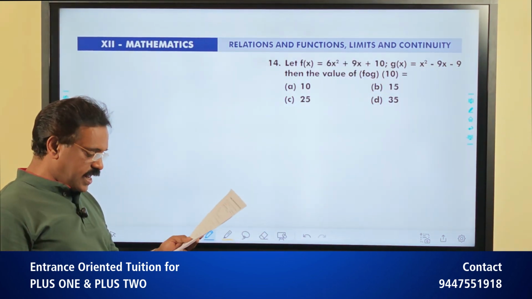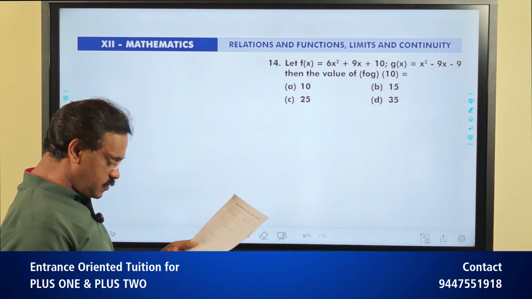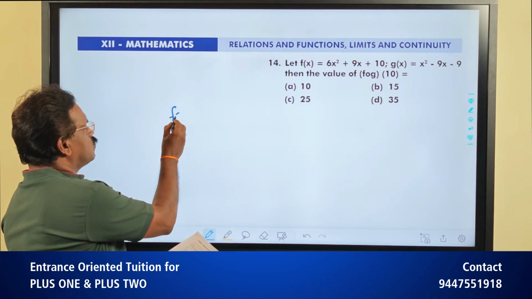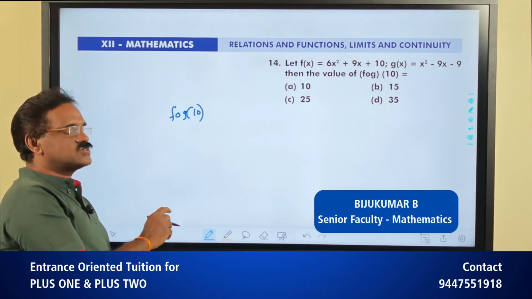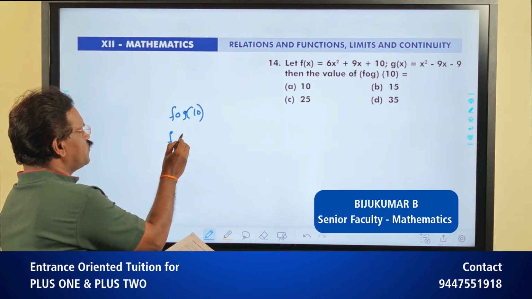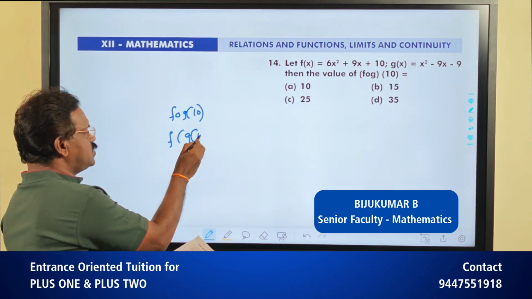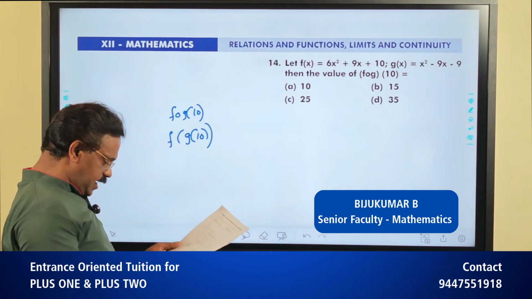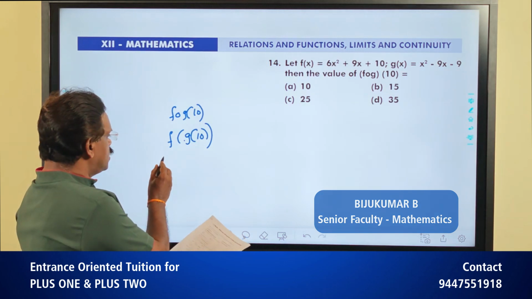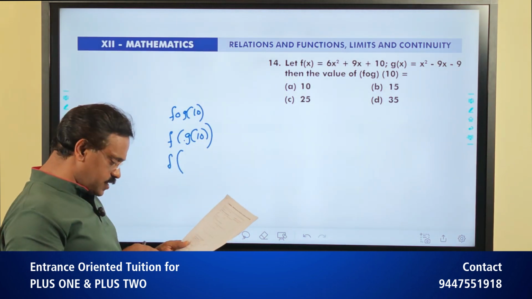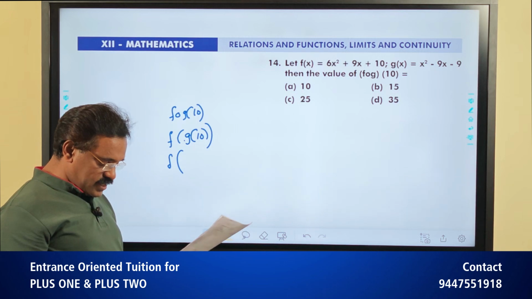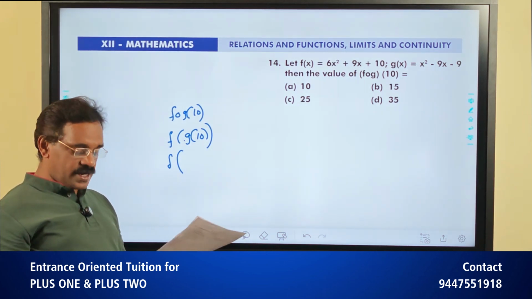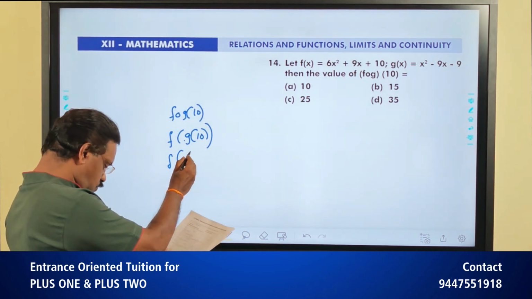Okay. Question number 14, question number 1. They ask me F composition G of 10. Again, you are getting a lucky chance to do this question. This is nothing but F of G of 10. In the function G, replace x by 10. Replacing x with 10, what do we get? 10 square is 100, 100 minus 90 minus 9, 100 minus 99, which is equal to 1.